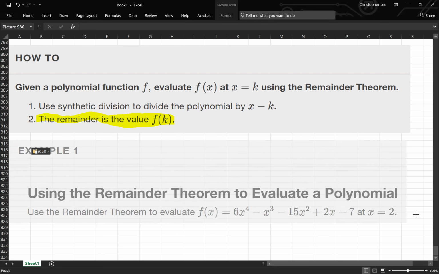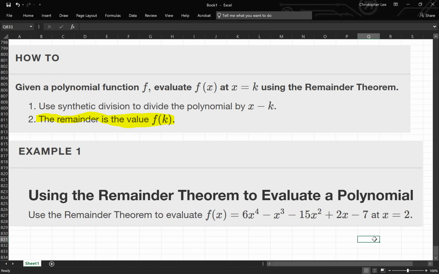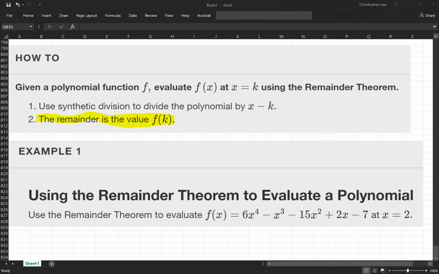Try it out. The question here is, what is the remainder?